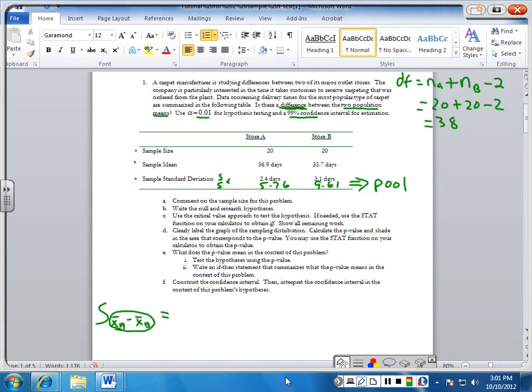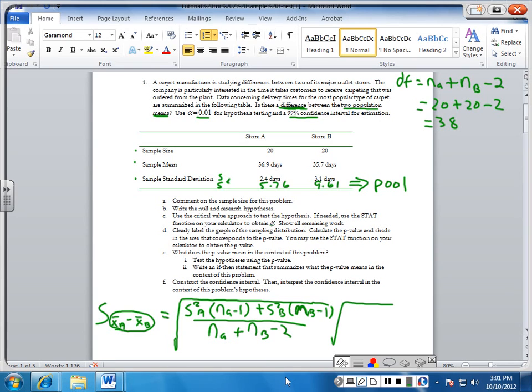So for the pooled, the formula is the square root of S squared A times NA minus 1 plus S squared B times NB minus 1, divided by NA plus NB minus 2, all of that multiplied by 1 over NA plus 1 over NB.